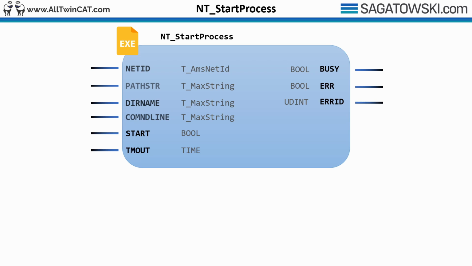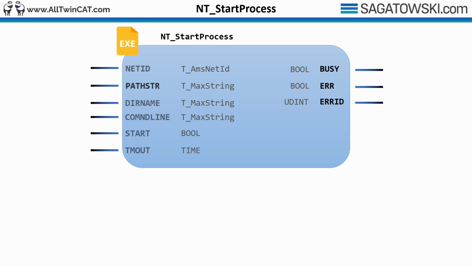Next we have command line, which gives us the possibility to add additional command line parameters to the application that we want to execute, if it supports any. The parameter start is used to execute the function block and start the process of starting the Windows application. The function block is executed with a rising edge of this parameter.